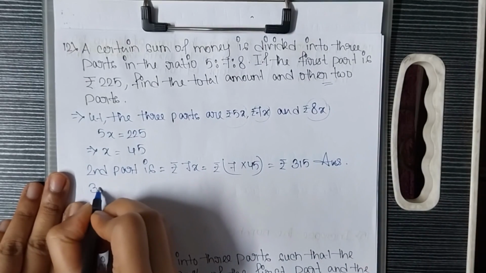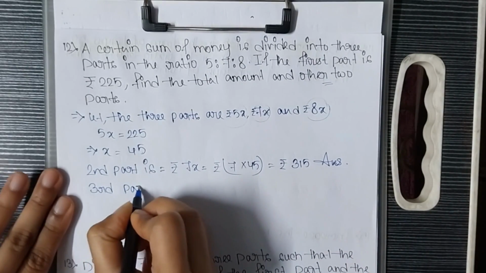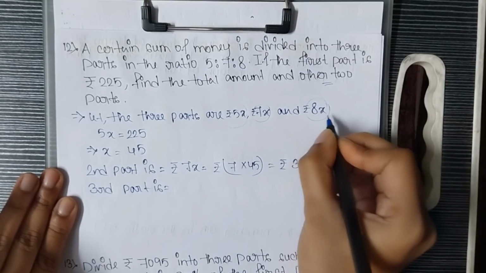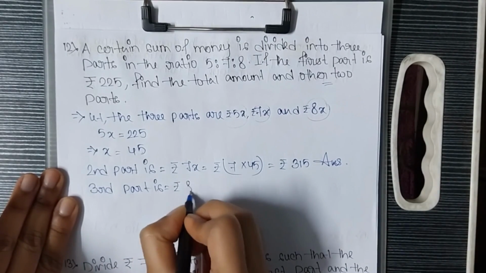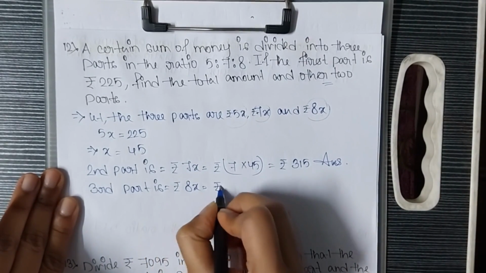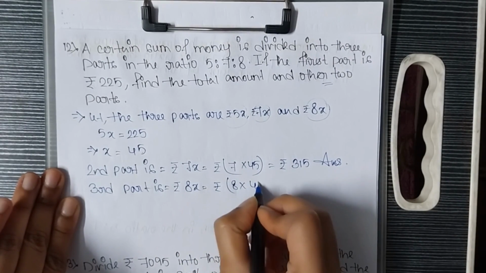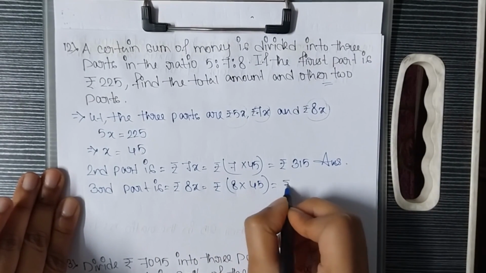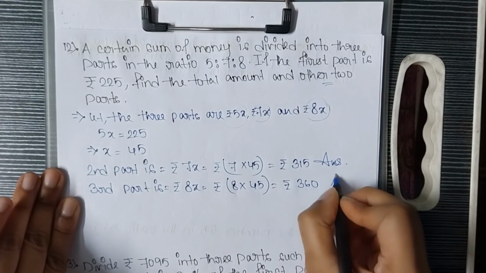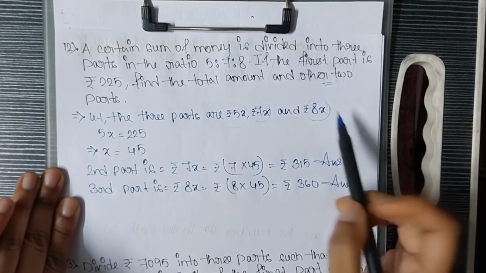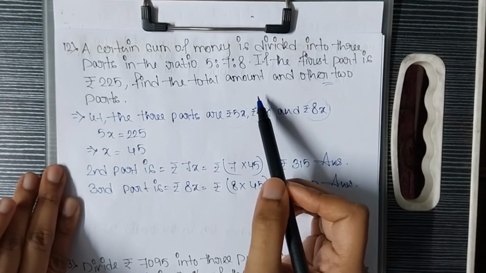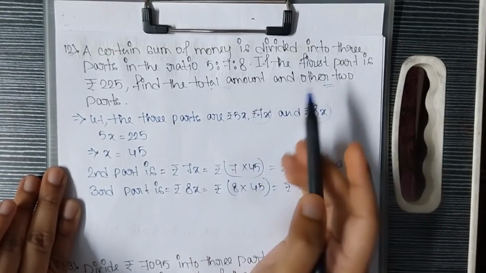The third part is rupees 8x, that is 8 into 45, and it will be rupees 360. So these are the two parts, and also we have to find the total amount.